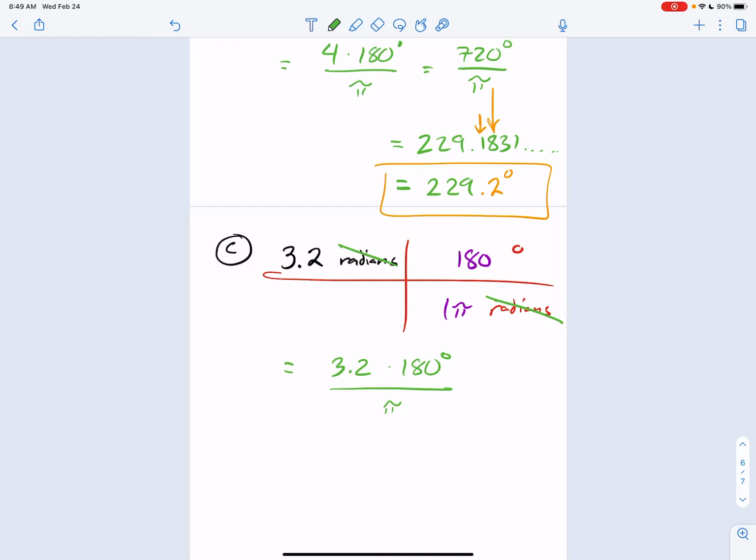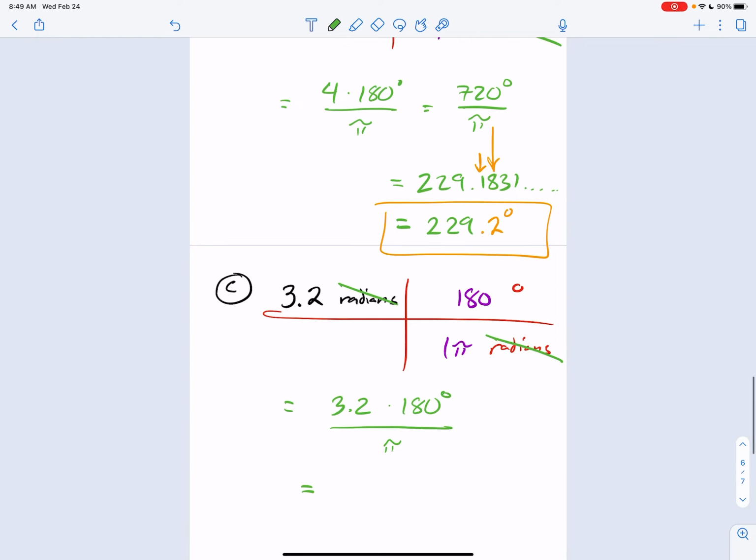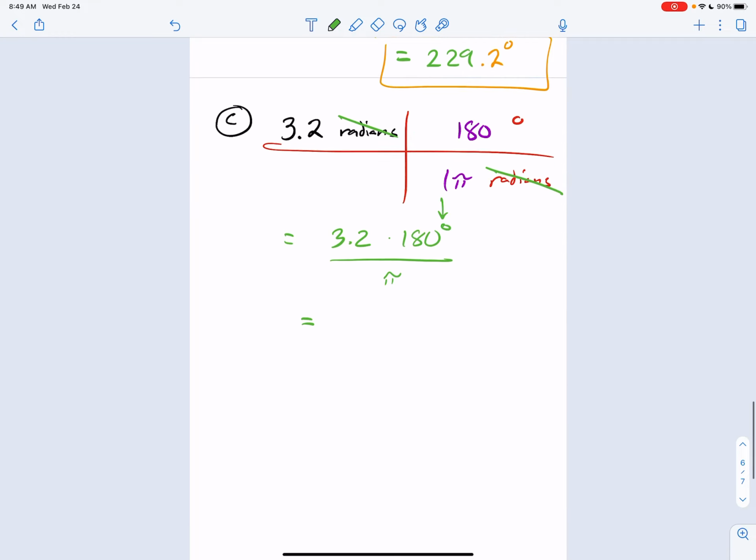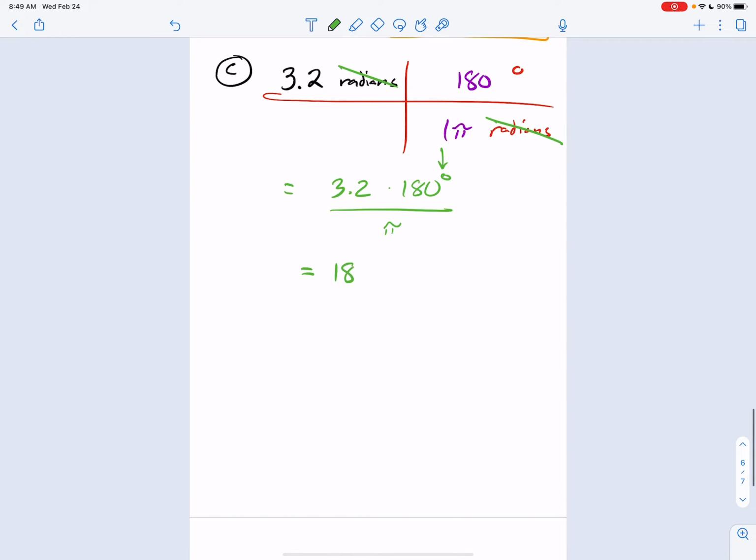Okay, so this one here, since it's dealing with decimals, I would encourage you to just type it out. 3.2 times 180. And when you're typing it on your calculator, there's really no need to type the degree symbol, so just keep that in mind, okay? 3.2 times 180 divided by that pi button. And if you did it right, you should get 183.3464, so forth.